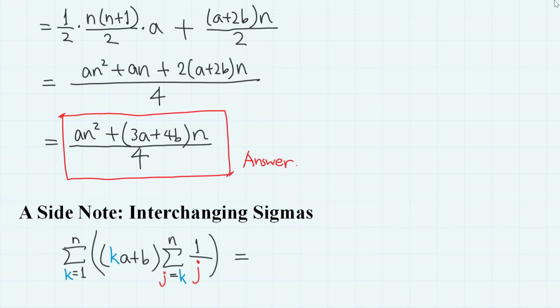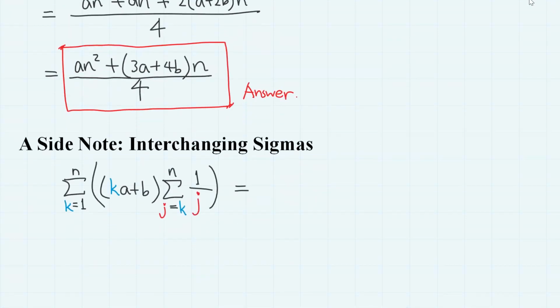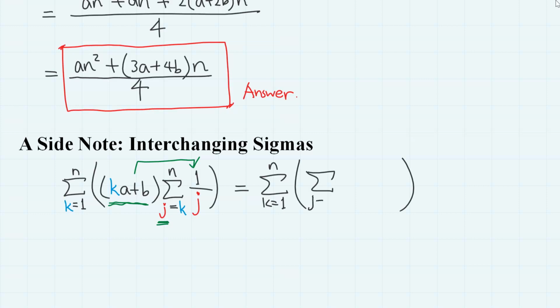I have briefly mentioned something about interchanging sigmas, and I would like to further explain that in a more general manner. Notice that in our main problem, this entire ka plus b can be considered constant from the perspective of this summation with j. So we can move it into the inner sigma and write sigma from k equals 1 to n, sigma from j equals k to n, of (ka plus b) divided by j.